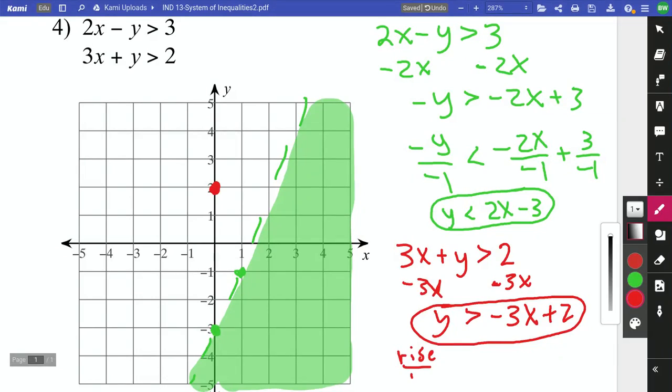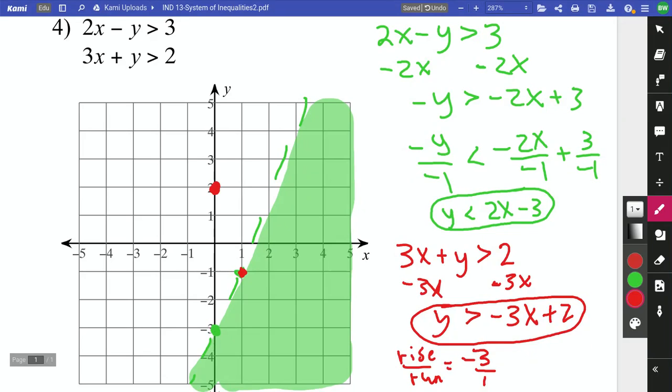Rise over run. We can put the negative sign with either the 3 or the 1, which is more convenient. Either one, really. We'll go down 3. We've got some room on either side of our point, but we'll take rise of -3 or run of 1. So rise of -3, a run of 1 happens to get us to that same point, but that doesn't really matter. Okay, and those are the 2 points now.